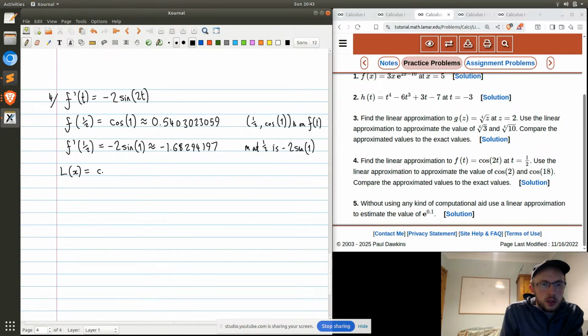So cosine of 1 plus, or rather minus, because of that, open brackets, x minus a half, just like that.